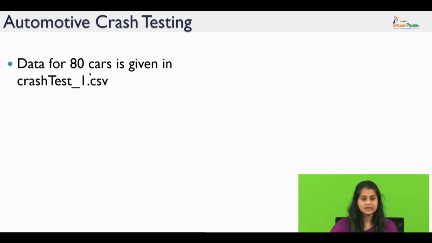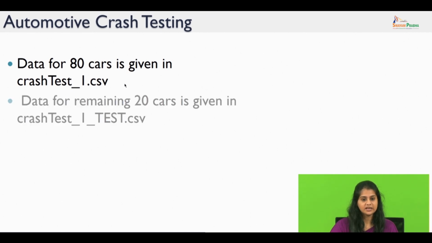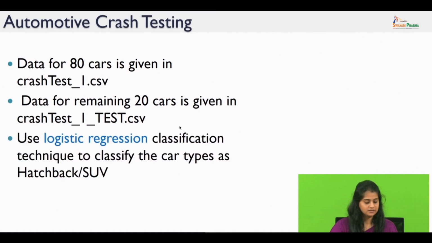We have 100 cars in total, out of which 80 cars are going to be taken as train, and the remaining 20 cars are going to be taken as test. The 80 cars are given in the crash test_1.csv file, and the remaining 20 cars are given in crash test_1_test.csv. Now we need to use the logistic regression technique to classify the car type as hatchback or SUV.